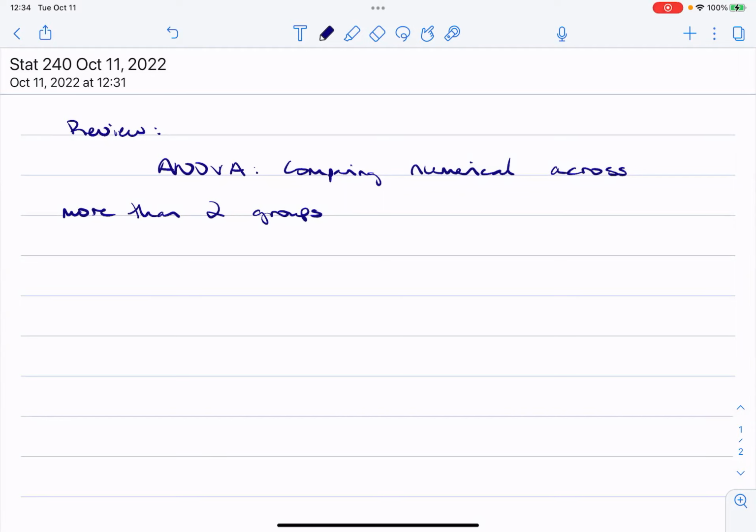So more than two groups, which means that they have a categorical variable. So the formulas are similar, which you already did in Statistics.